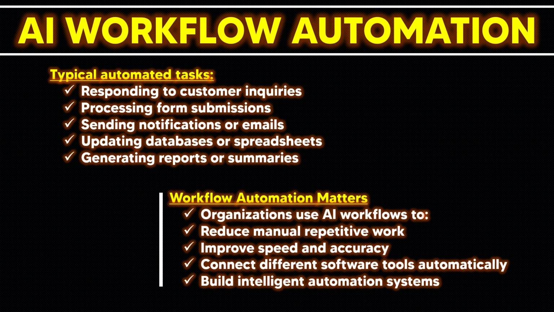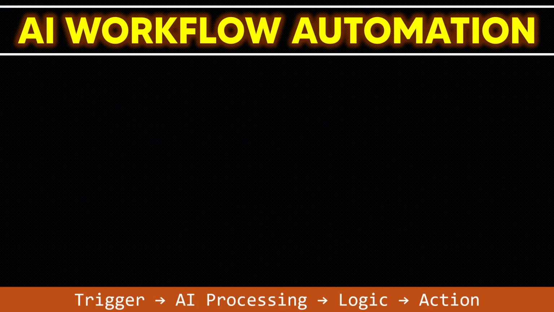And this workflow automation really matters in today's world, because organizations use AI workflows to improve speed and accuracy, build intelligent automated systems, and even connect different software tools automatically. So it's so powerful.